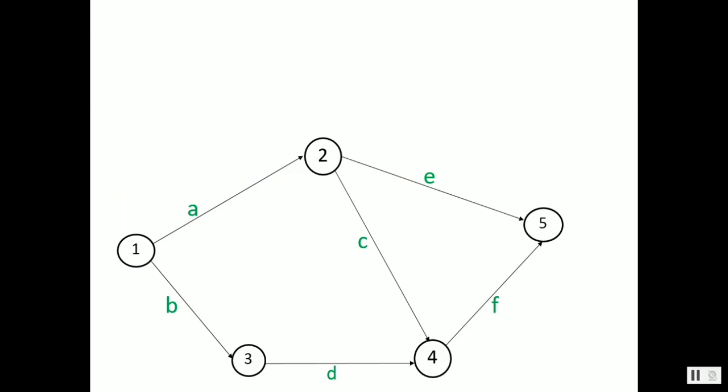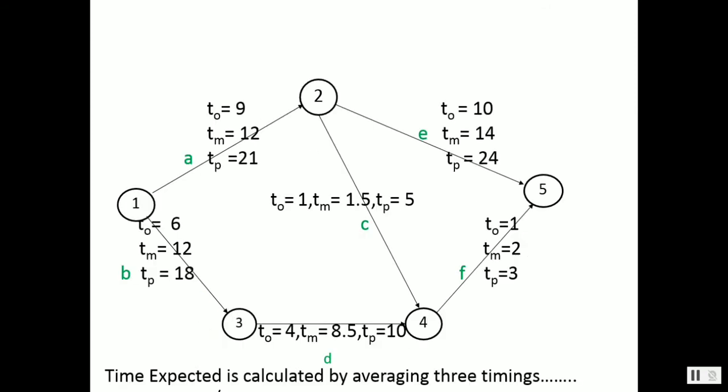Now, from here onward, we will assign the 3 time estimates, that is optimistic, most likely, and pessimistic. What happens in the next slide? A, that is 1, 2, has optimistic time 9, most likely 12, and pessimistic 21. Similarly, in B, optimistic 6, most likely 12, and pessimistic 18.